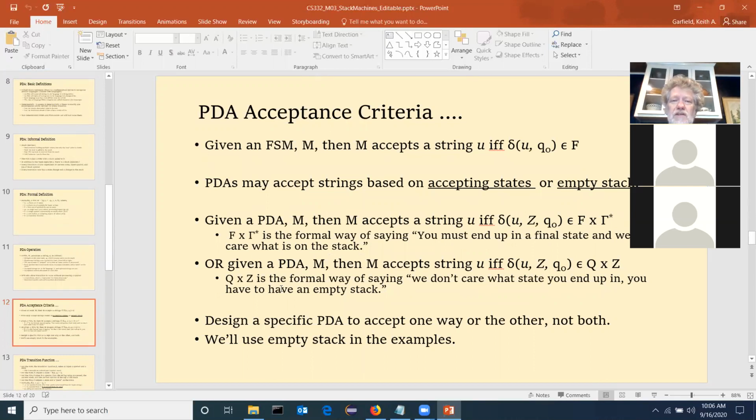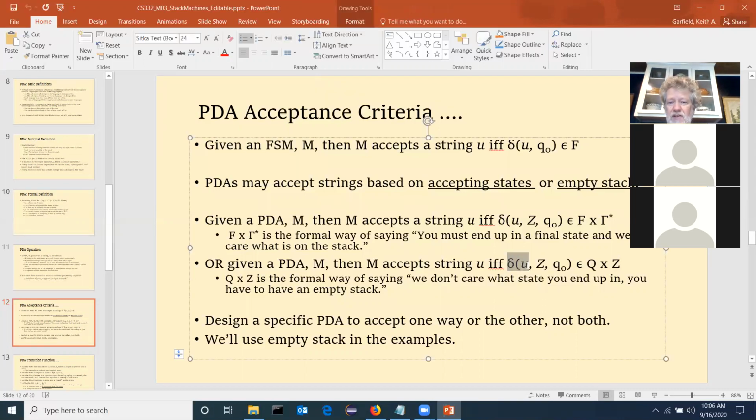Our acceptance criteria also changes. We can accept through accepting states. In other words, if you end up in a final state, then you accept the string. Or we can accept based on empty stack. Don't create machines that do both, one or the other. I'm going to do empty stack. And again, this is the formalized way of saying that.